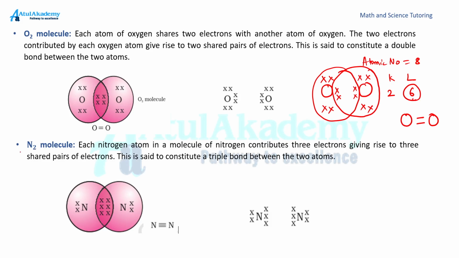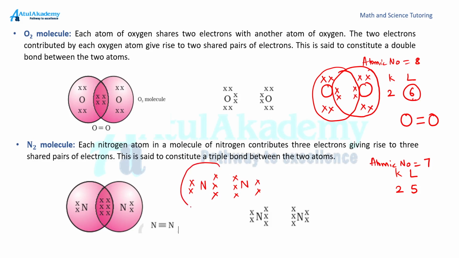Now the nitrogen molecule. Nitrogen has atomic number 7, so its electronic configuration is 2, 5. It has 5 electrons in its outermost shell. Let me represent it like that. Again, nitrogen is like this. This nitrogen has 5 electrons in the outermost shell, and this also has 5, but it needs 3 more.